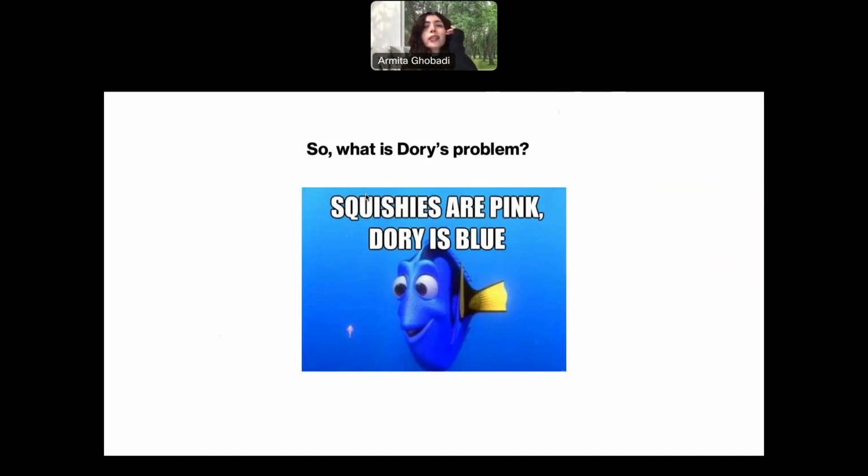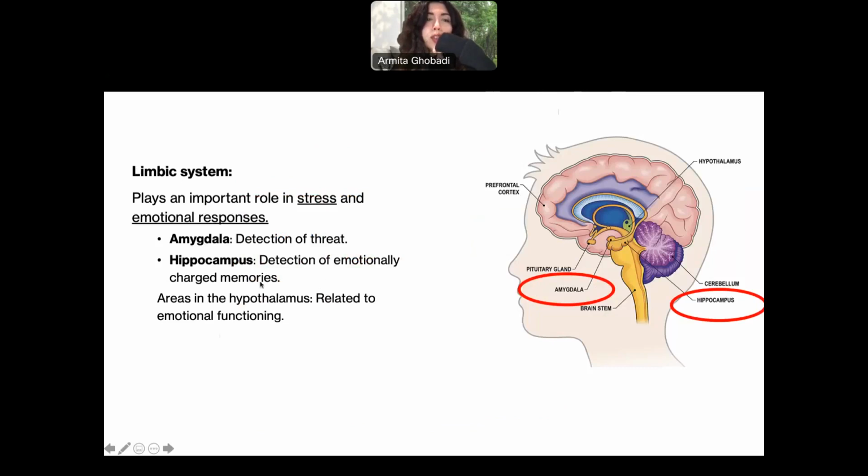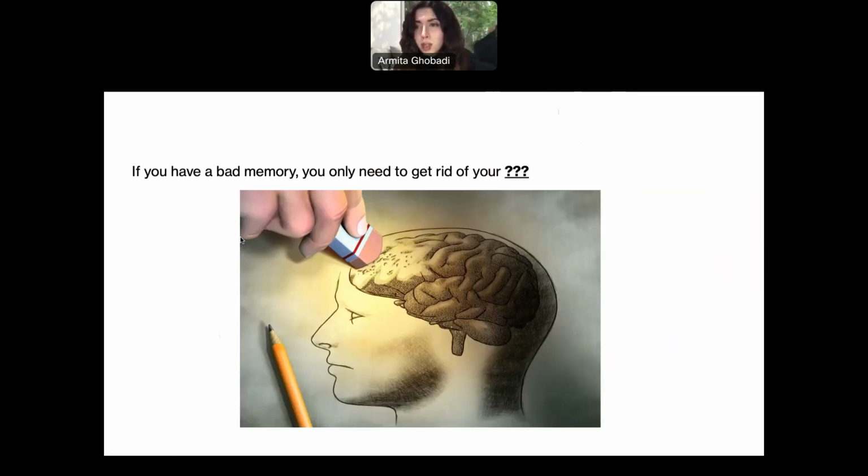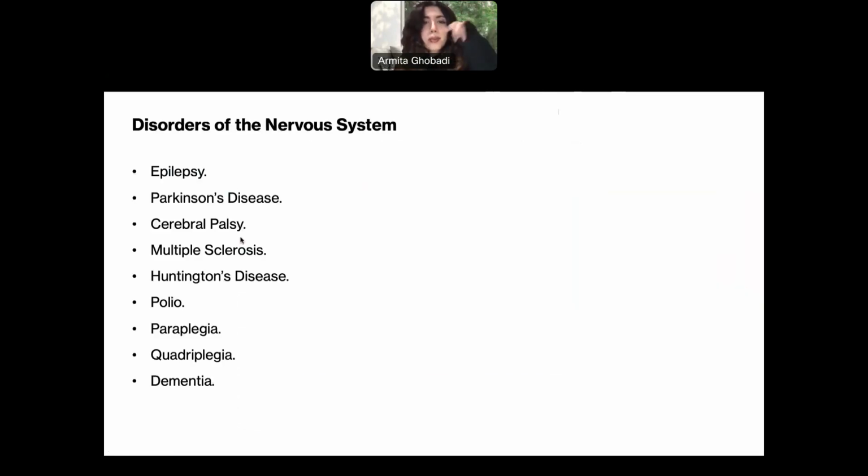Dory was a character with a very bad memory, so which part of the brain is not performing well? You should tell me. Let's go back and check. It should be the hippocampus, right? Or it can be the hypothalamus, okay? Definitely not the amygdala based on this lecture, right? So it's going to be your question. Keep that in your mind.